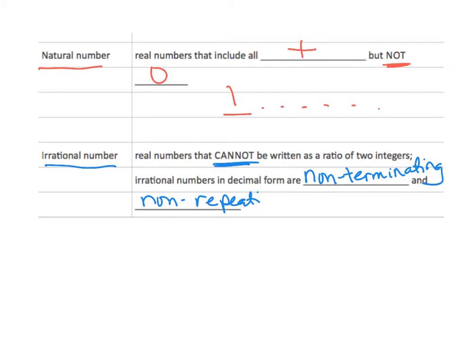The most popular irrational number is pi, 3.14, and then it just keeps on going. It never ends, and it never repeats. That is the most well-known irrational number. Again, feel free to pause the video and catch up on the notes.